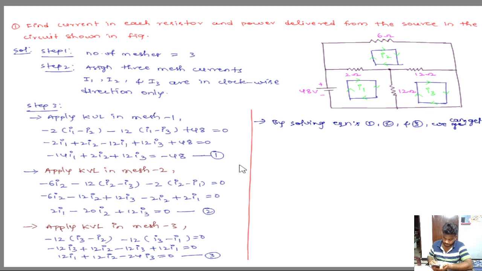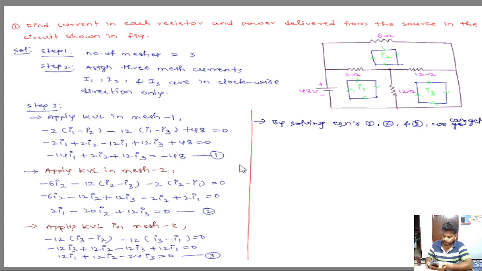Let's verify. Equation 1: minus 14 I1 plus 2 I2 plus 12 I3 is equal to minus 48. Equation 2: 2 I1 minus 20 I2 plus 12 I3 is equal to 0. And equation 3: 12 I1 plus 12 I2 minus 24 I3 equal to 0.